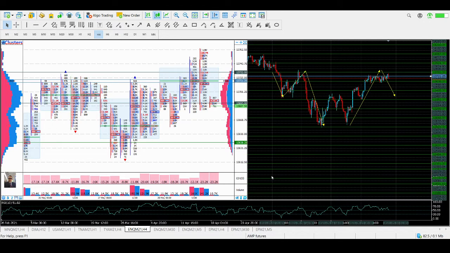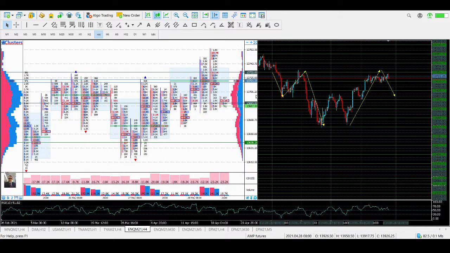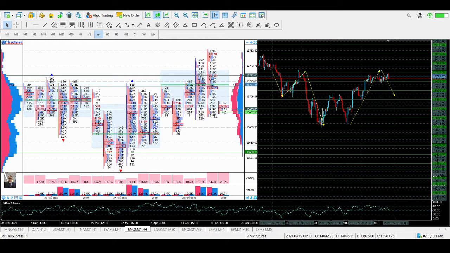So this gives me an advantage of knowing where the institutional traders have traded, where they've dropped their positions last.